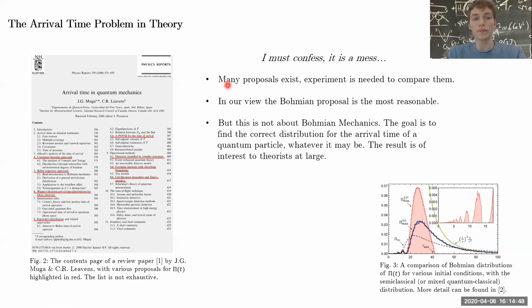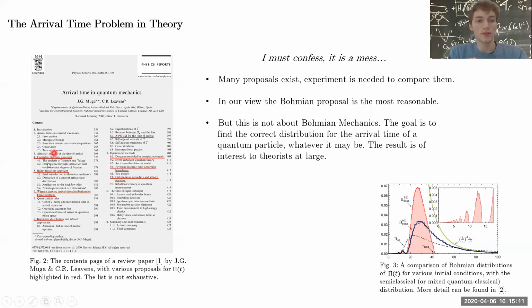So let me draw your attention to a review paper by Muga and Leavens, who both have published quite a bit on the arrival time problem. In this review paper, they go over quite a few of the different approaches to predicting arrival times.